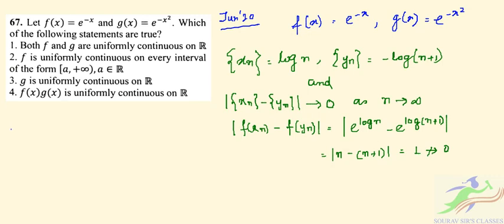So let's check option 2 then. f(x) is given as e to the power minus x, and we know that e to the power x is a continuous function.